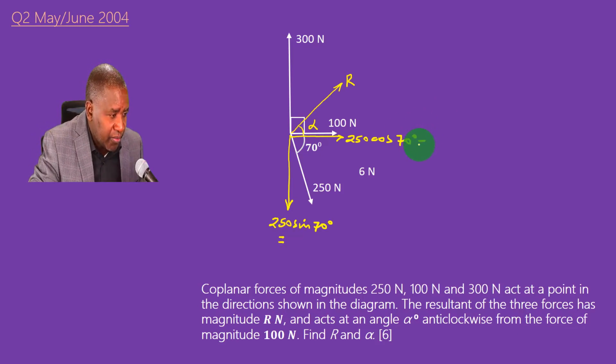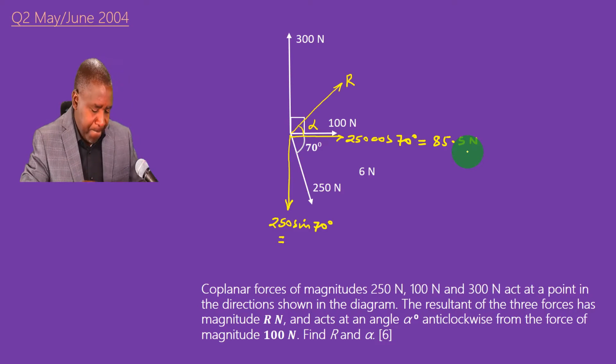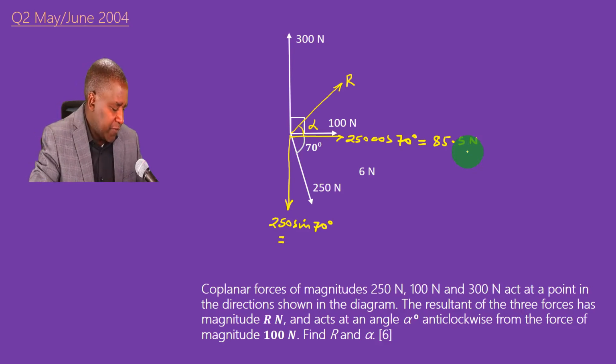So this one will be 85.5 newtons. How about 250 times the sine of 70? This gives me 234.9.